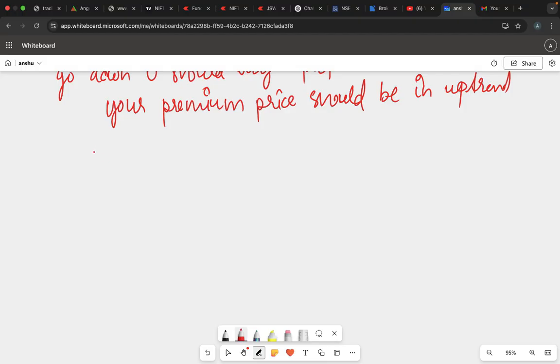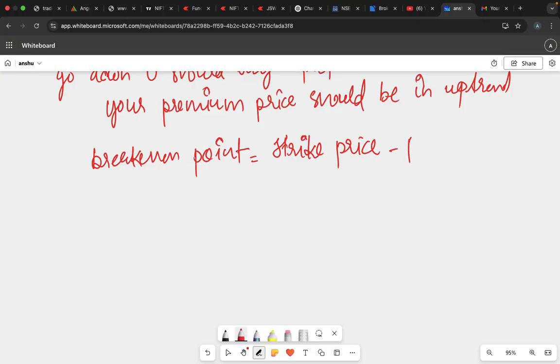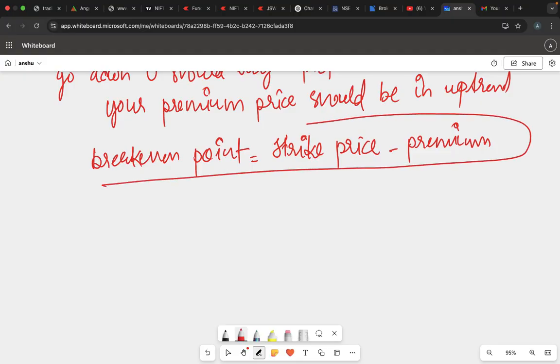Put option. What is the break even point? If you want to calculate the break even point if you have bought the put option, keep in mind this is a lecture on put options. The break even point is equal to strike price minus premium.